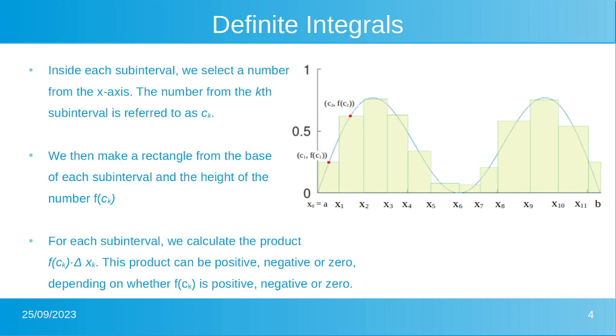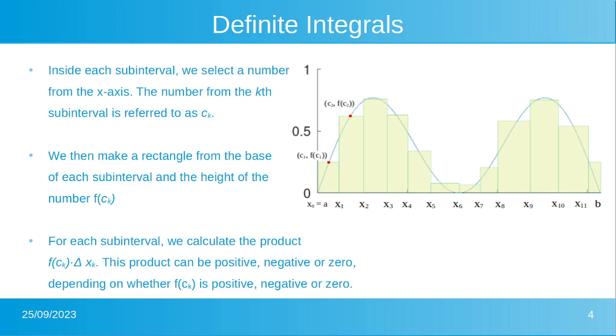Then we work out the corresponding y value for that x value, which is f of c1, and we've plotted the point c1, f of c1, as a red dot there on the plot. So at that first subinterval, we make a rectangle from the base of the interval from x0 to x1 and the height of the number f of c1.